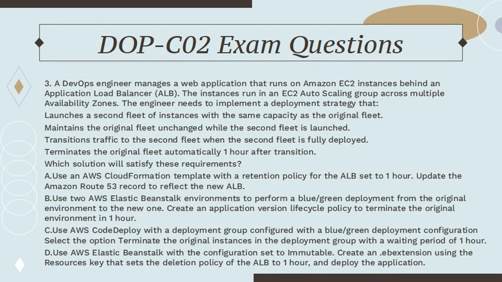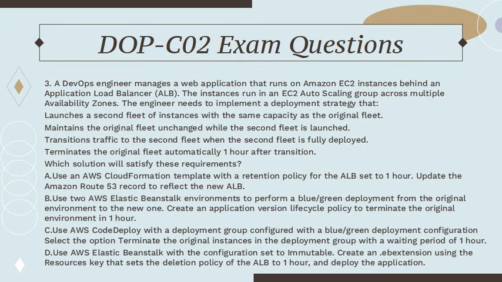3. A DevOps engineer manages a web application that runs on Amazon EC2 instances behind an Application Load Balancer (ALB). The instances run in an EC2 Auto Scaling group across multiple Availability Zones.